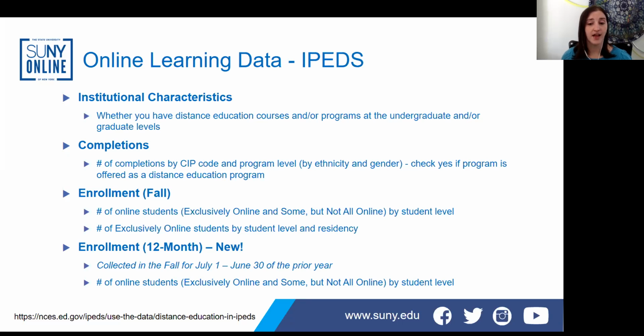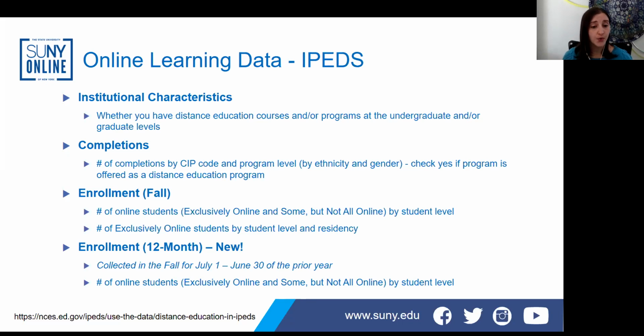Some but not all online, so they're taking some online classes, but not all of them, or not online at all, and it asks that by student level, and then it also asks for exclusively online students their residency, or if they're in-state or out of state. So that is the data that is typically collected and compared nationally, and I believe it's been collected since 2012. And I have a slide later that will look at IPEDS data, so you'll be able to see those trends.